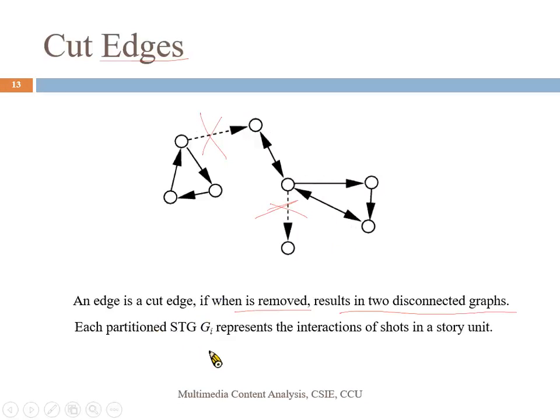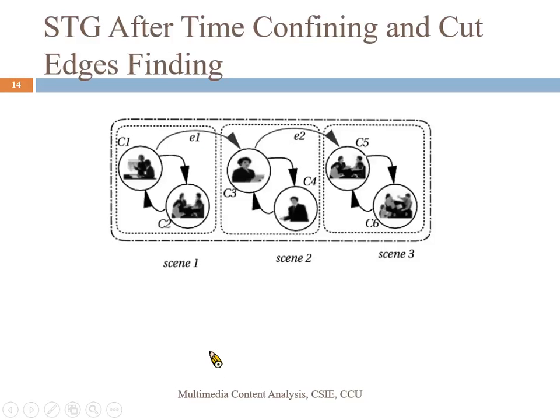And for each STG, we try to detect cut edges and do cutting so that an STG can be divided into several subgraphs, just like this. So for the STG we mentioned above, we can find that the edge from C1 to C3 is a cut edge. We can cut this one. The edge from C3 to C5 is a cut edge.